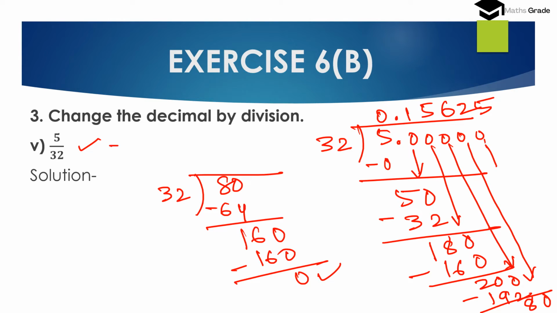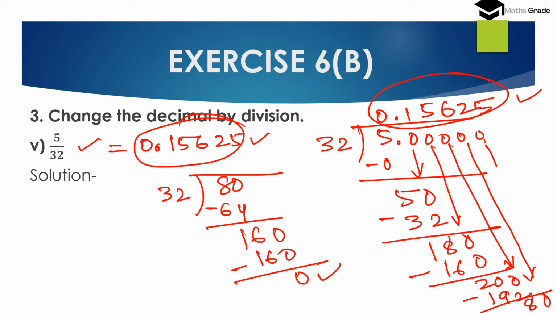So 5 divided by 32 is 0.15625. 0.15625 is the decimal form of the fraction 5 divided by 32.